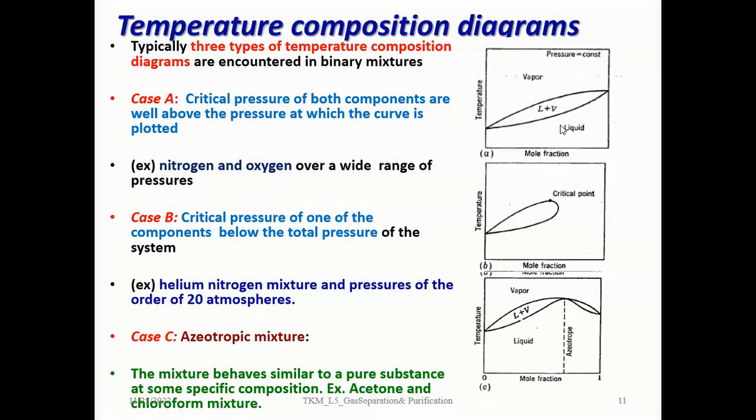Suppose you start with the vapor, that vapor will try to condense at a temperature higher than that of the liquid of the same composition trying to boil. So the vapor of the mixture condenses at a temperature higher than that of the liquid, which is boiling at the lower temperature.